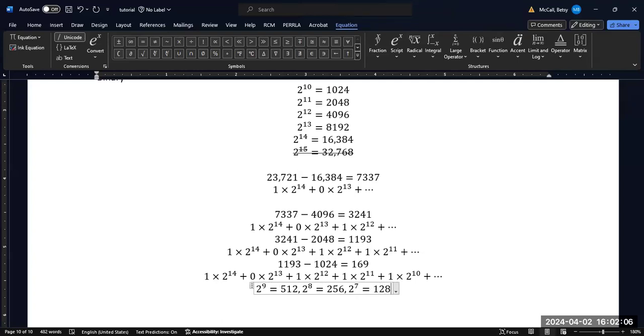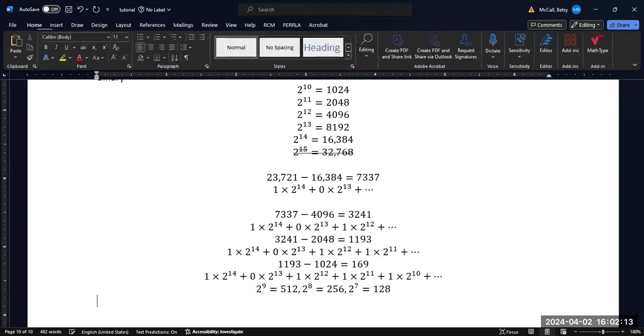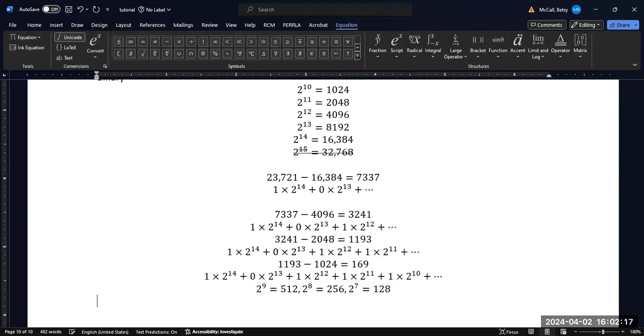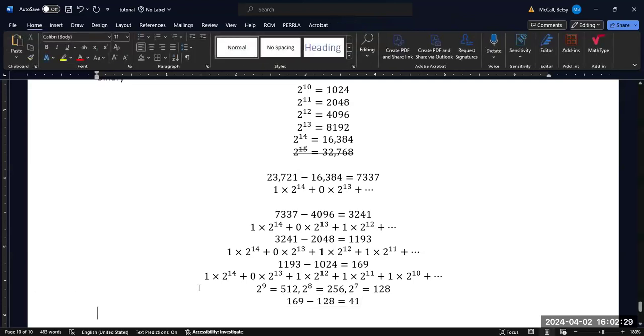And so finally we got down to the next power of 2 smaller than our remainder. So we now have 169 minus 128, going to be 41.